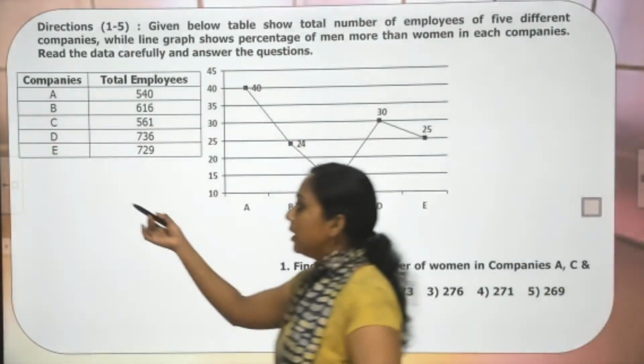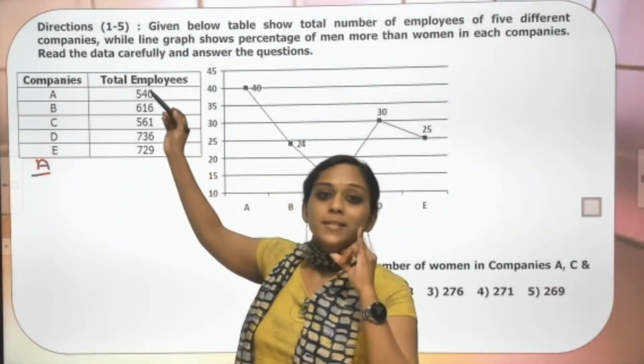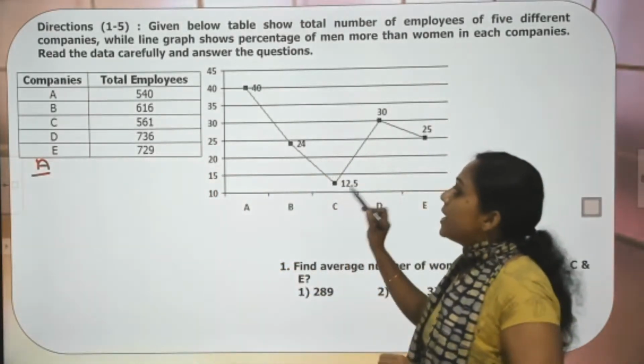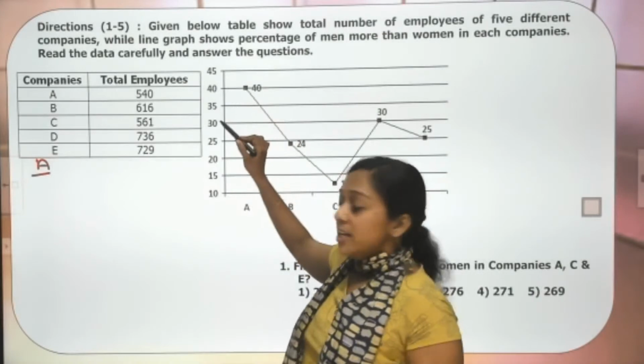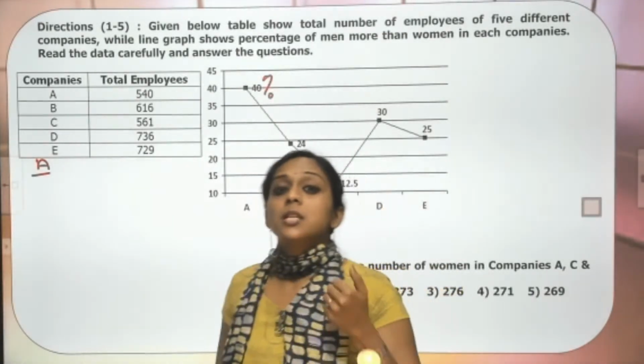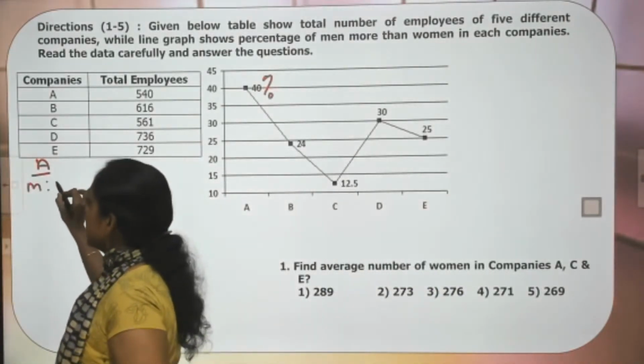So first of all, I am taking company A. The total employees in company A is 540. Next, the number of male employees is 40% more than female employees. So first I am writing the ratio, male to female.